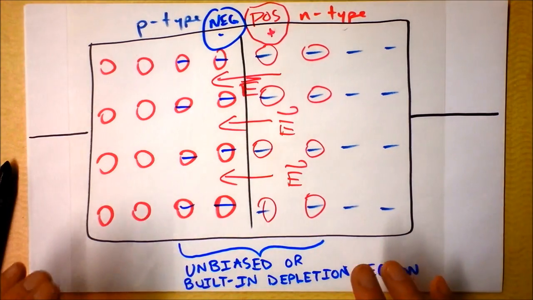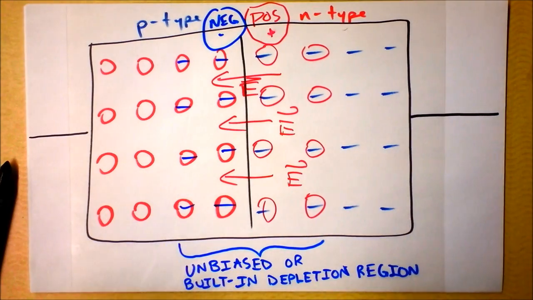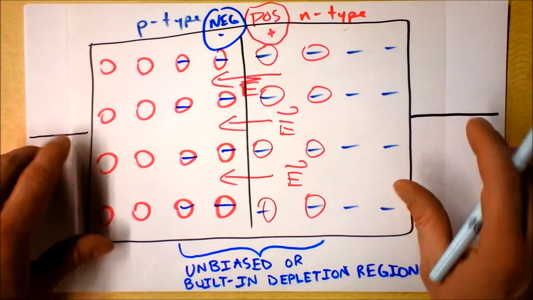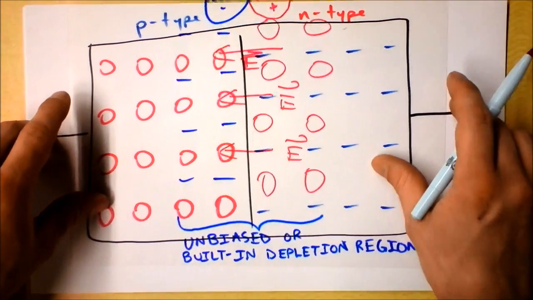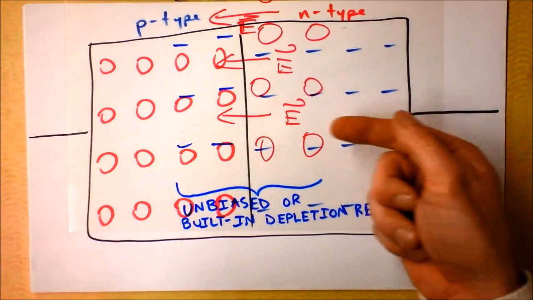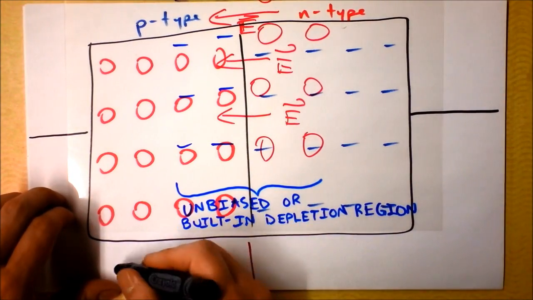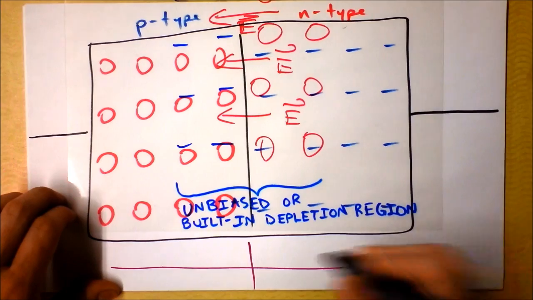And we could talk about the Fermi level, and we could talk about the Boltzmann temperature, but what I want to do very, very quickly is talk to you a little bit about the potential difference. If you've got an electric field that's pointing to the left, that means the potential must be decreasing as you go to the left. So I'm going to make a graph of potential as a function of distance.